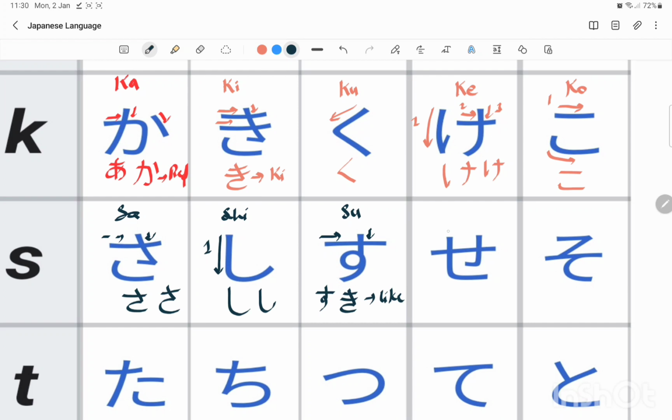Next is se. It is se, and the last one is so. Okay, so if you wanted to make se, the first stroke is this one, the second is this, and the third is this.